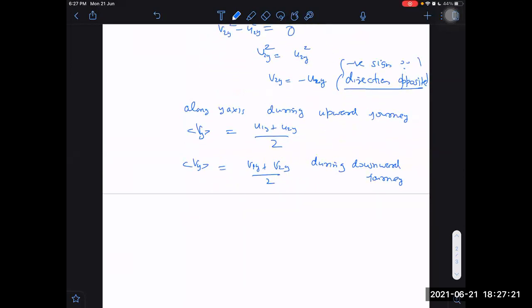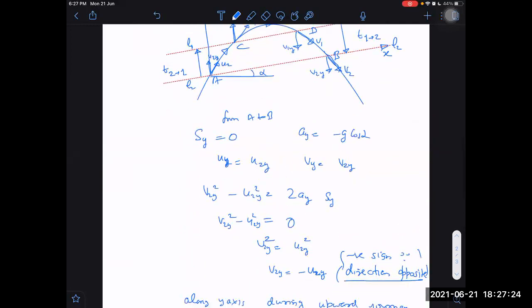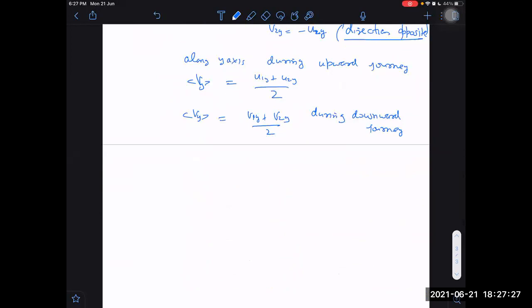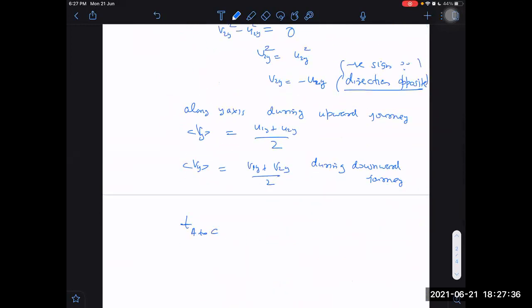And also the lines are parallel. If the lines are parallel, then the time taken from A to C will be equal to the displacement along the y-axis from A to C upon the average velocity along the y-axis. The time from D to B is equal to the displacement along y from D to B divided by the average velocity along y.